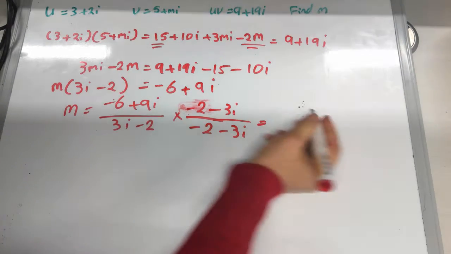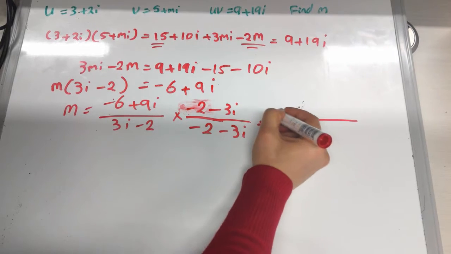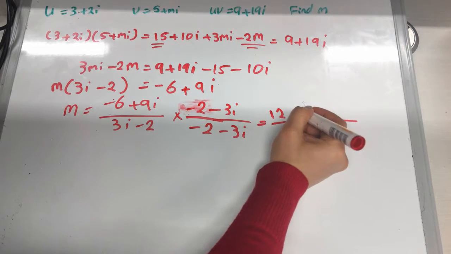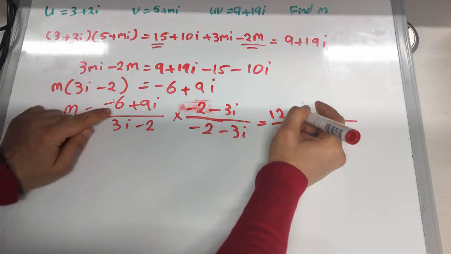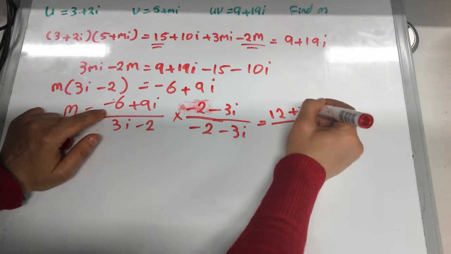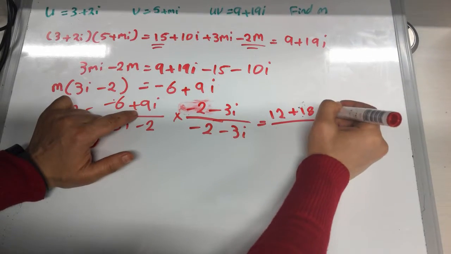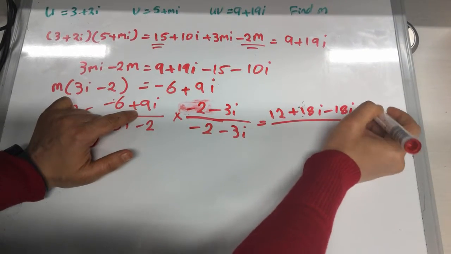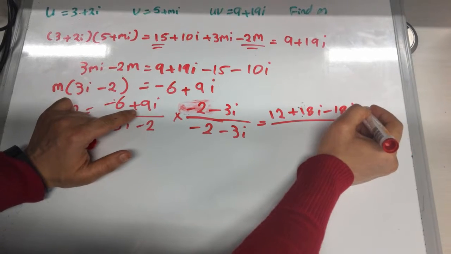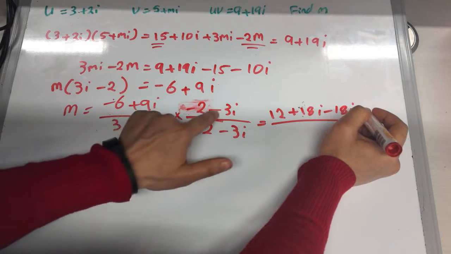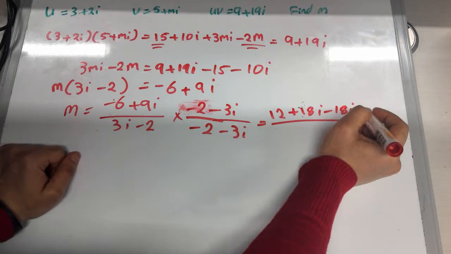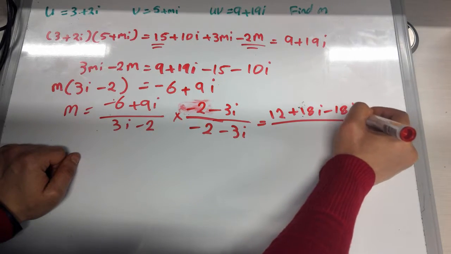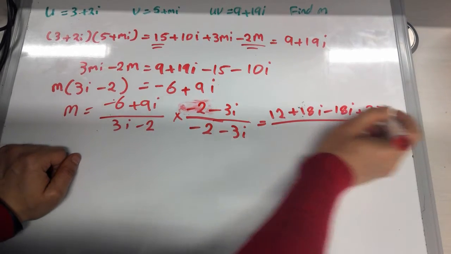So we expand the top part, so we will have 12 plus 18i, then -18i, and then i times i is negative, and we already have a negative in here, so that becomes positive 27.